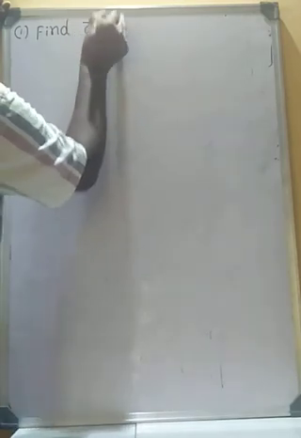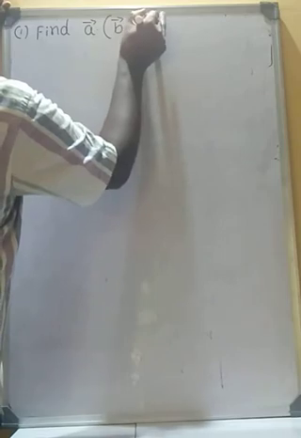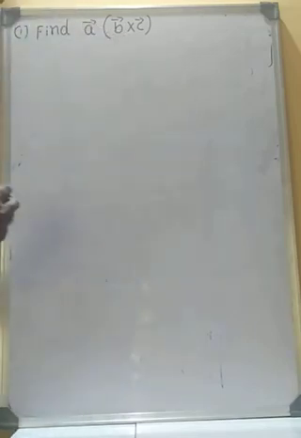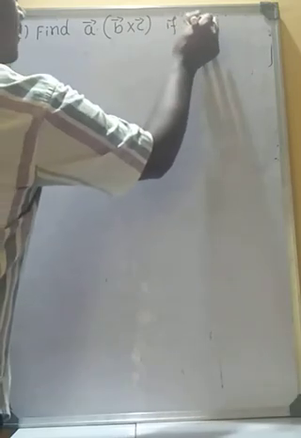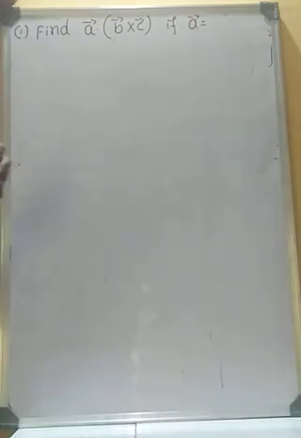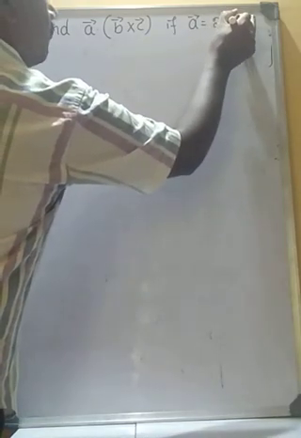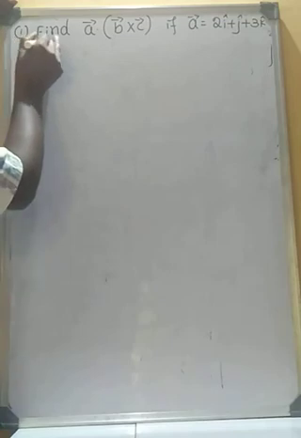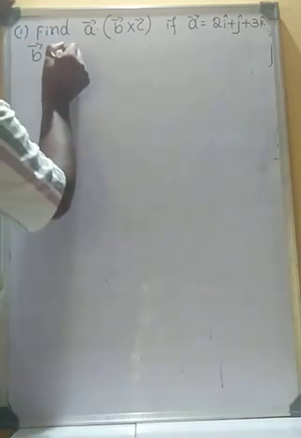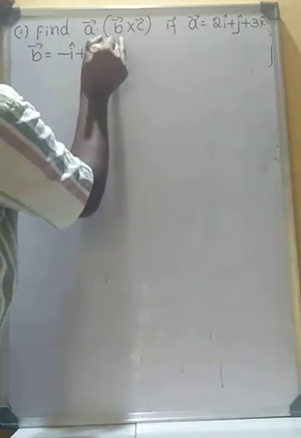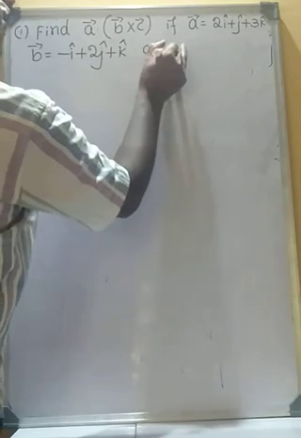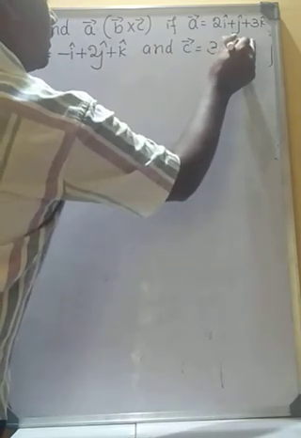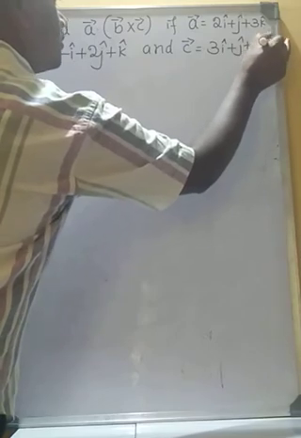Find vector A dot vector B cross vector C, if vector A equals 2i plus j plus 3k, vector B equals minus i plus 2j plus k, and vector C equals 3i plus j plus 2k.